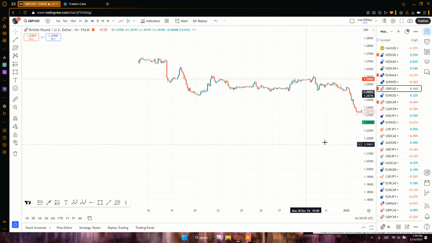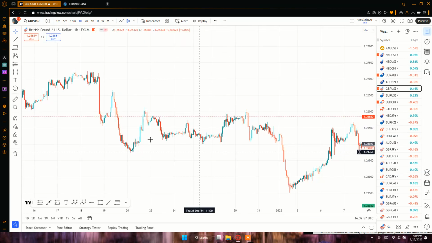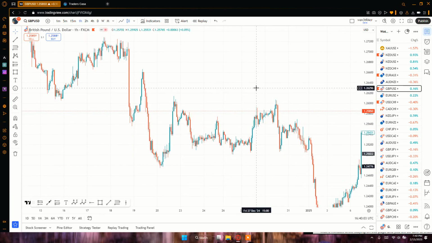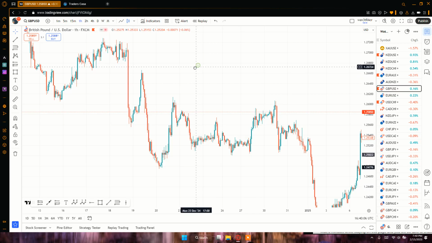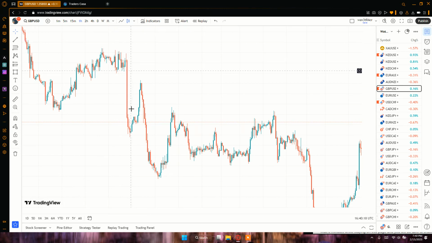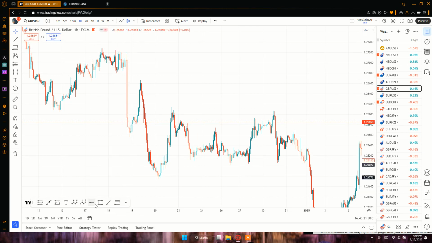So coming here, all this is around our zone. As you can see from our naked eye, around this zone we have some type of a liquidity. We can see that we had some type of a liquidity where all of this move originated somewhere around here.